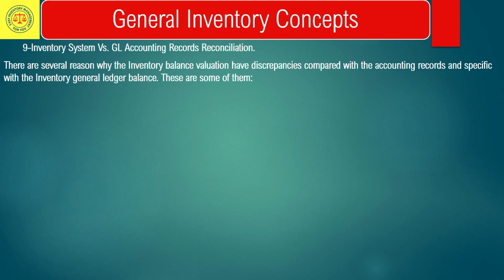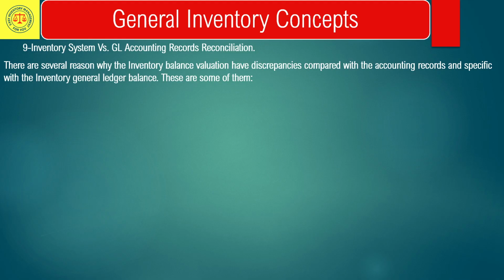So remember, when you do the comparisons, you have to have your inventory balance, inventory valuation at a certain period of time or a certain date, and also you have to have your inventory general ledger. So those are the main reports to compare.